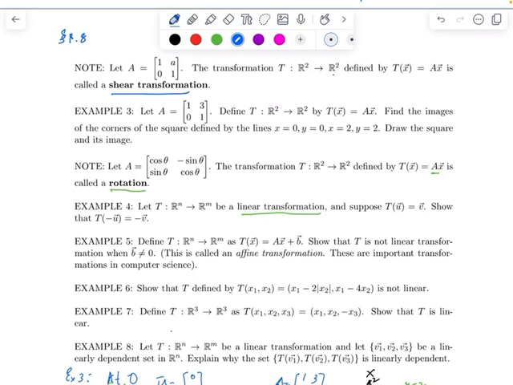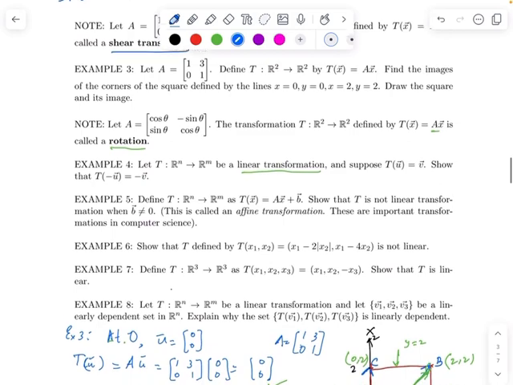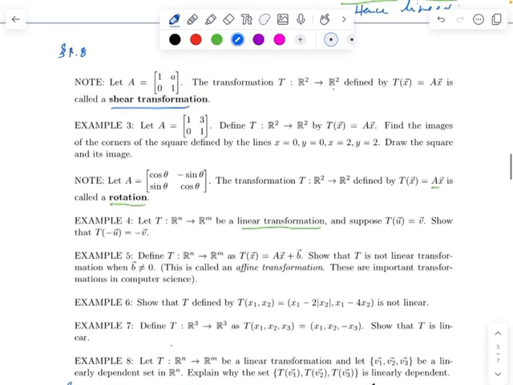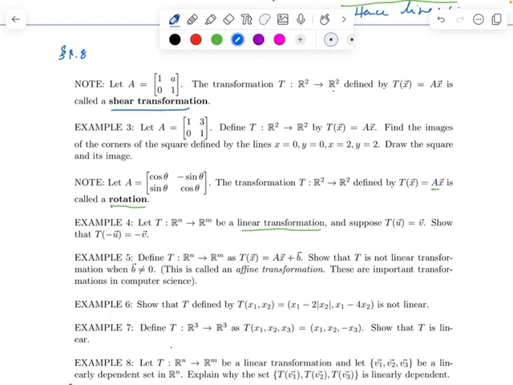So let's look at this example. Example 3: A is the matrix 1, 3, 0, 1, and we define the transformation T of x is equal to Ax. Find the images of the corners of the square defined by the lines x equals 0, y equals 0, x equals 2, and y equals 2. And then also we have to draw the square and its image.